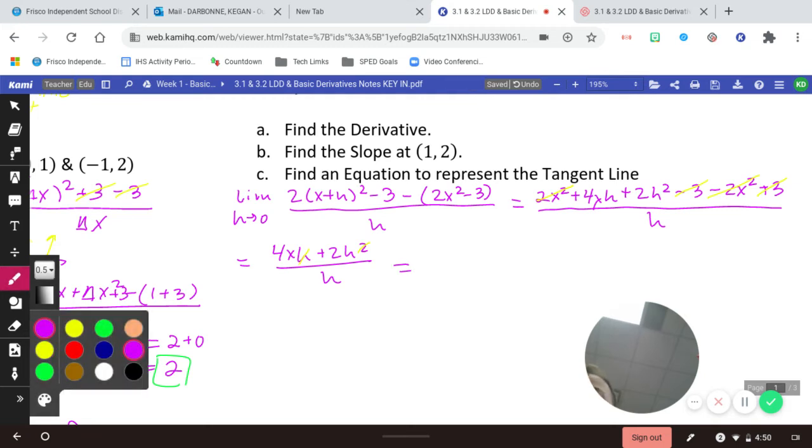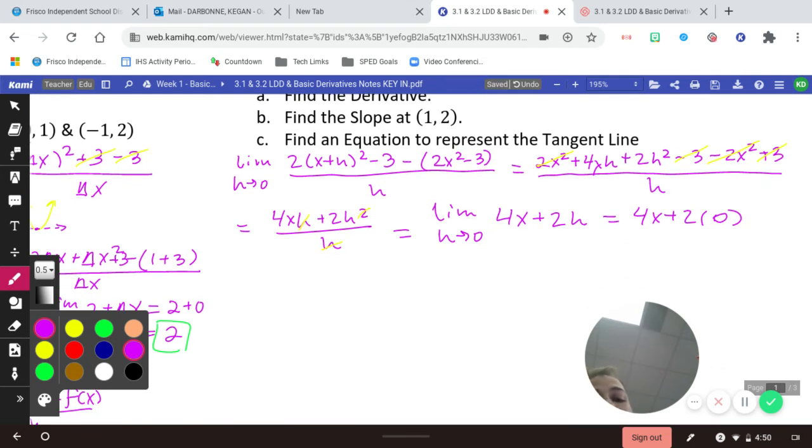That gives us the limit as h approaches 0 of 4x plus 2h. Plug in 0. We get 4x plus 2 times 0. And that gives us f prime of x is equal to just 4x.